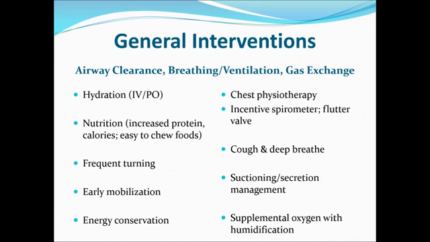Regardless of whether it's airway clearance, a breathing ventilation problem, or a gas exchange problem, they're still having problems with oxygenation, okay? And ultimately, your body cells need oxygen to survive. So when we talk about general interventions, these are things that apply pretty much to all respiratory patients, regardless of what the underlying pathophysiology is.